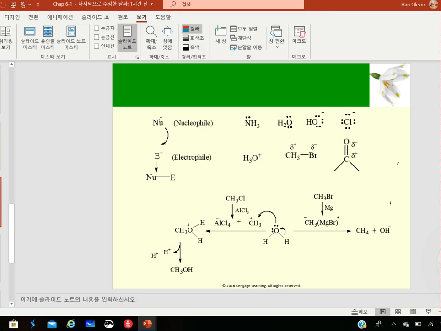Okay. Now let's think about the reaction of this species with water here. In this case, CH3 minus is a nucleophile, so if it reacts with water, it should abstract protons. It will never react with the oxygen atoms because we know that the oxygen is a nucleophilic center.